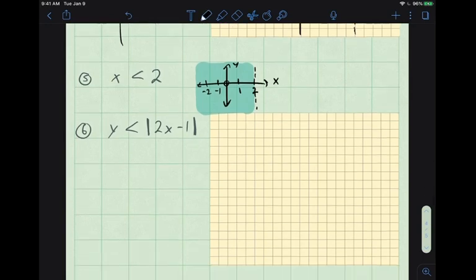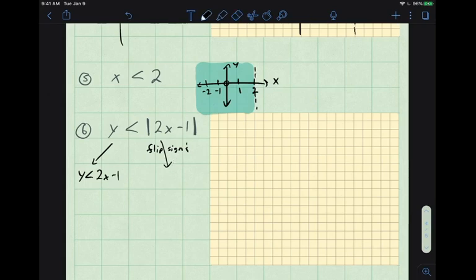For this problem with absolute value, we have to break it up into two inequalities. So the first one, simple enough, is y is less than 2x minus 1. You just drop the absolute value bars. The second one, flip the sign and the variable y.